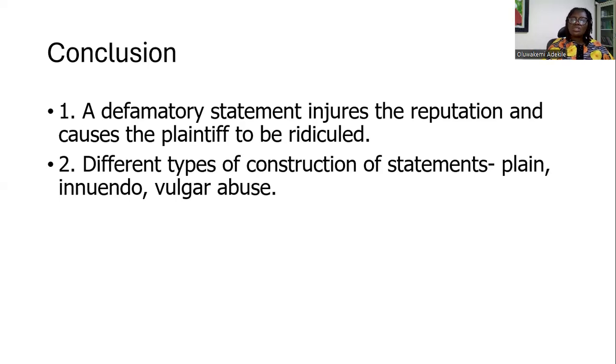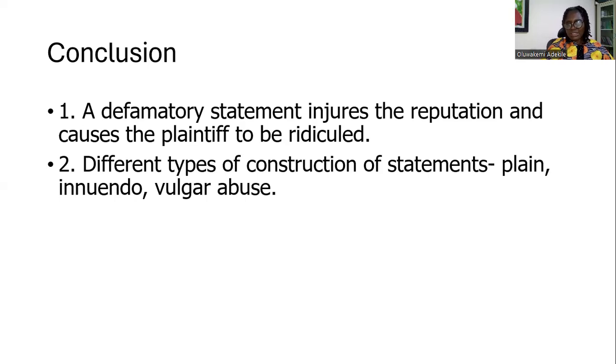But sometimes they have an innuendo, they have implicit in them a defamatory context, and we talked about the two forms of innuendo, the one that has a technical meaning and the true or legal innuendo, whereby the circumstances that surround the case is what gives it a defamatory connotation.